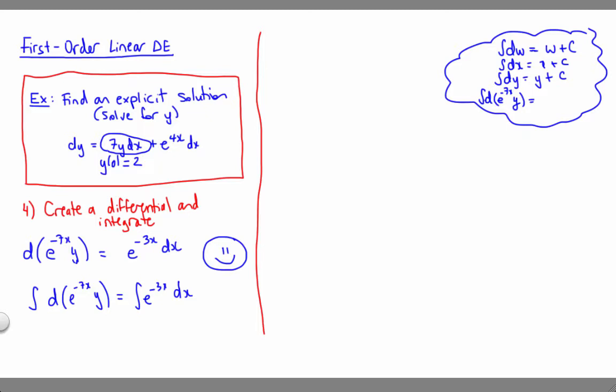If you integrate d blah, whatever your blah is, you're going to get blah plus a constant. So we're just going to get e to the negative 7xy plus a constant. That's why we worked so hard to describe this left-hand side as a single differential, because differentials are super easy to integrate.